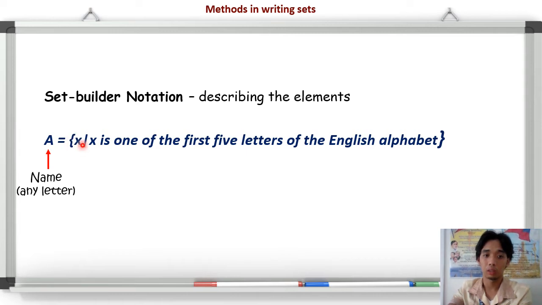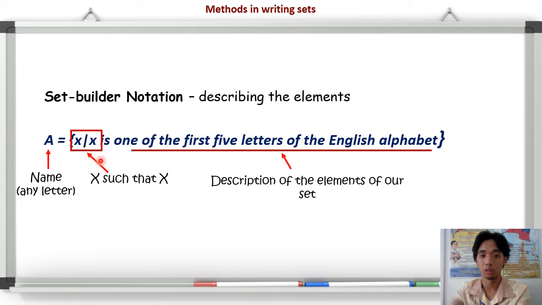And an x separated with a dashed line here is read as x such that x, and the remaining words will be the description of the elements of our set. So we have here the name of the set, the x such that x, and the description of our set.